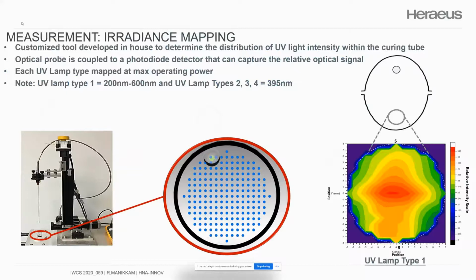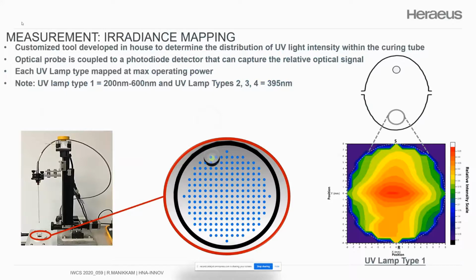Types 2, 3, and 4, which you'll see on the next slide, only emit at 395. So what this means for our plot is that types 2, 3, and 4 are normalized to themselves as they're emitting relative intensity at a single wavelength, versus UV lamp type 1, which is emitting intensities at several wavelengths, and it was not filtered out in this study.